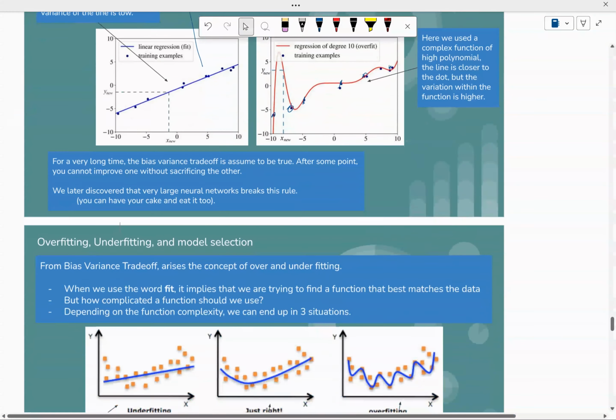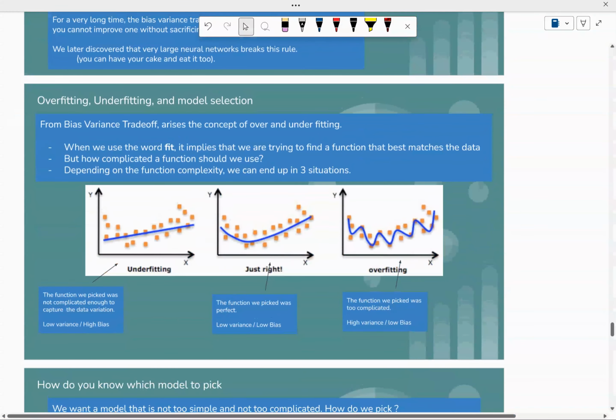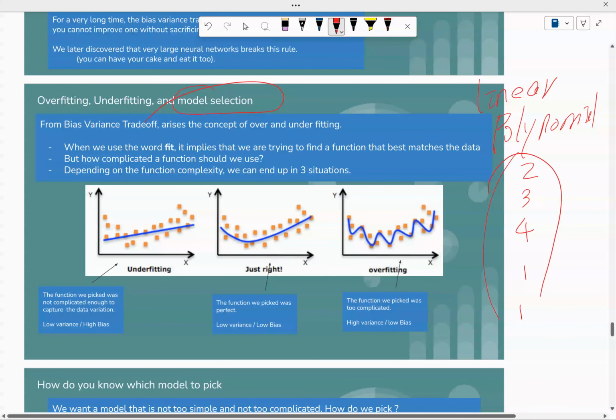Well, the bias variance trade-off idea leads us to this concept called model selection. Remember, we learned the linear model and the polynomial model. We learned both, right? And with polynomial, you can have second, third, fourth, whatever order you want. Now, the question is, how do you know which model to pick?